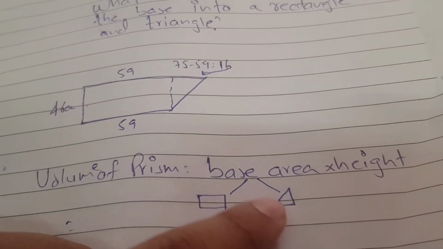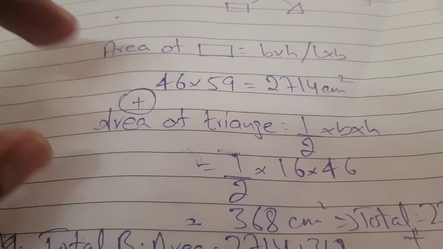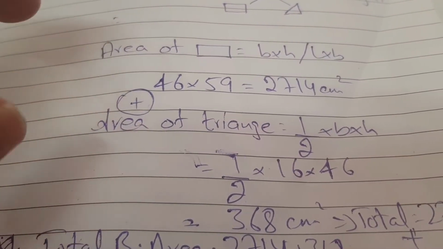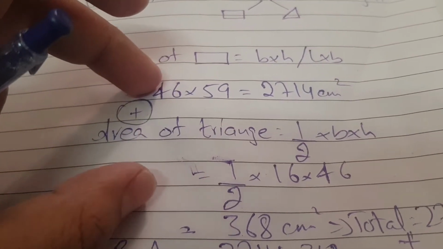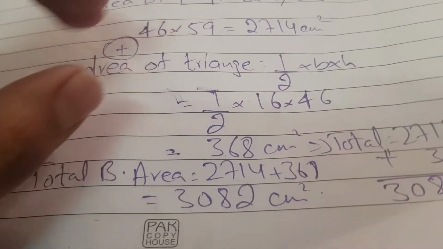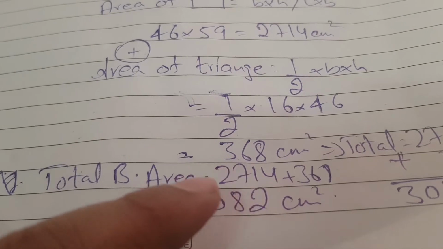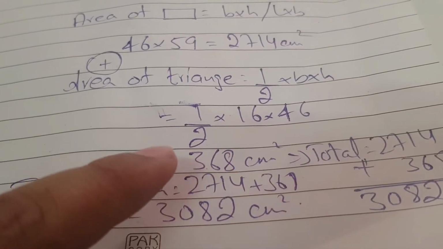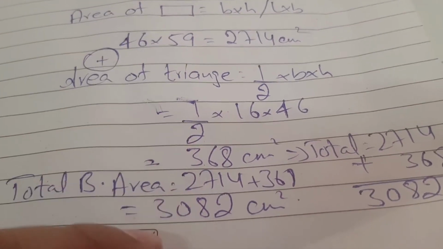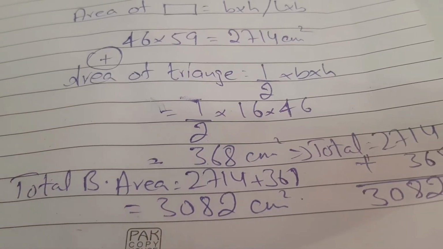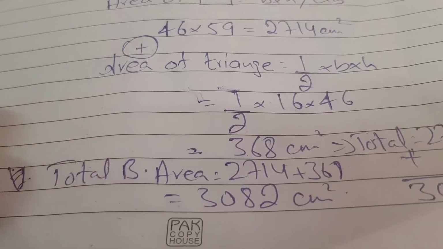Now adding both of these shapes, I will get the base area. I added the area of the two shapes, rectangle and triangle. 2714 plus 368, 368 plus 2714, I get 3082. Now this is the total base area which I sorted out.